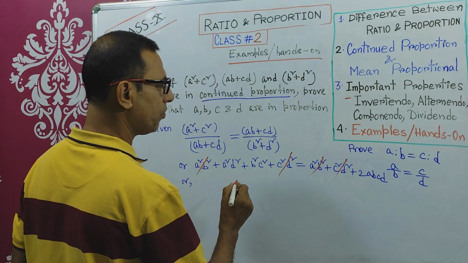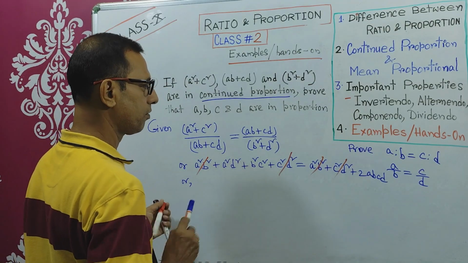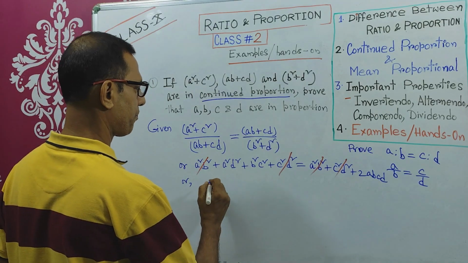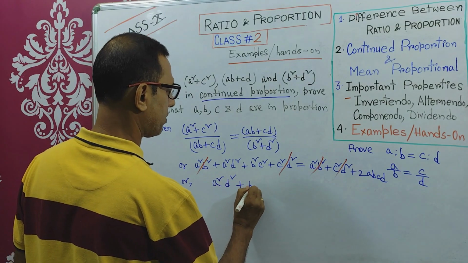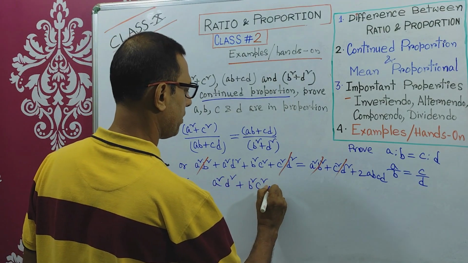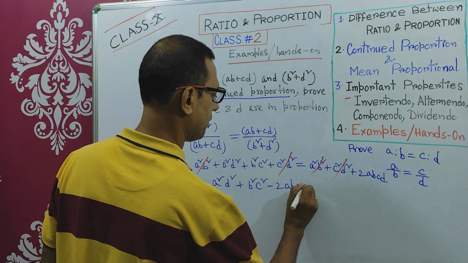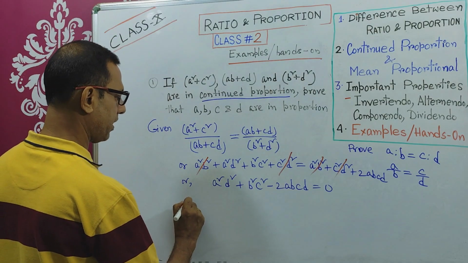So now what are you left with? You are left with A square D square plus B square C square minus, changing the side, 2ABCD equals 0. Now what can you say?